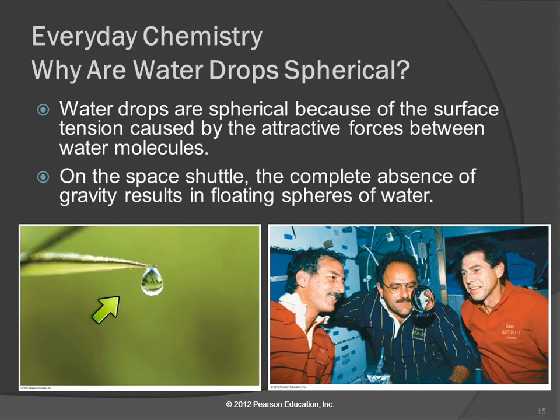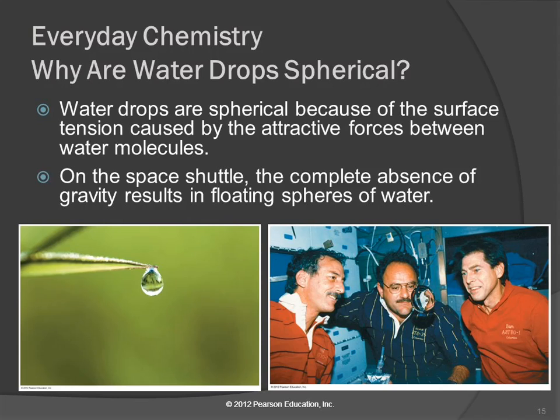If you look at droplets of water, here's a droplet of water hanging off what looks like maybe a blade of grass or something. And it's not a perfect sphere, is it? Because gravity is pulling it down. It's sticking to the grass, it's pulling down. In space, here's some astronauts having a little fun on the space shuttle with a ginormous drop of water.